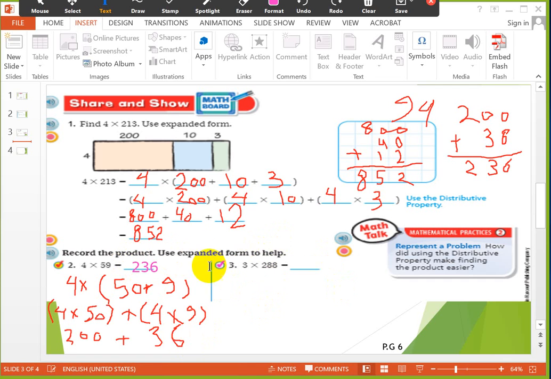Now let's find number 3. Number 3. So I will multiply 3 with each digit. I will open a parenthesis and write each digit right here. Okay?